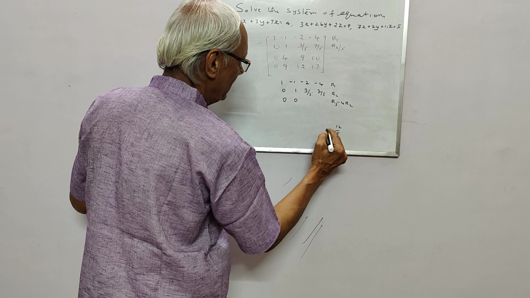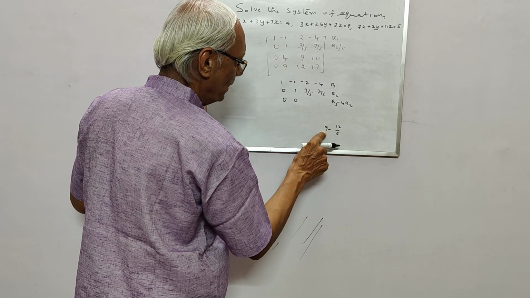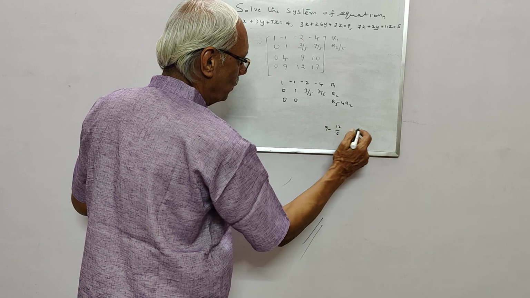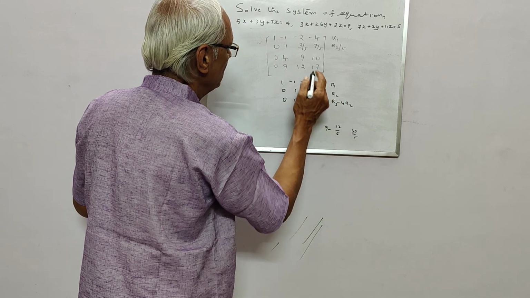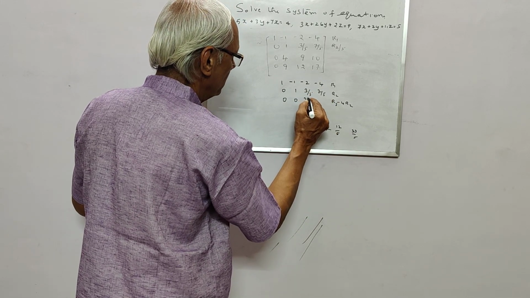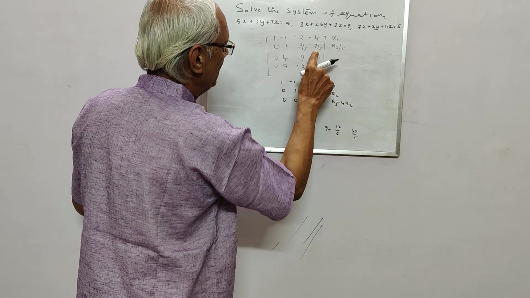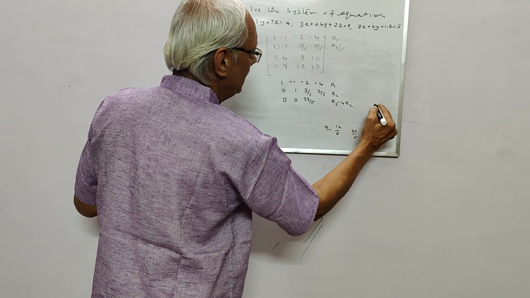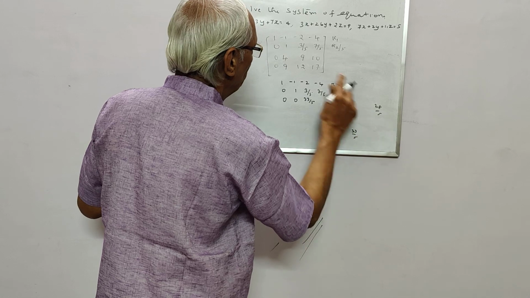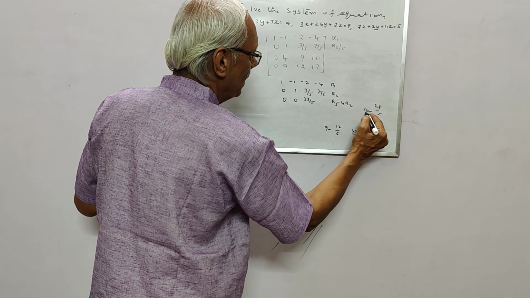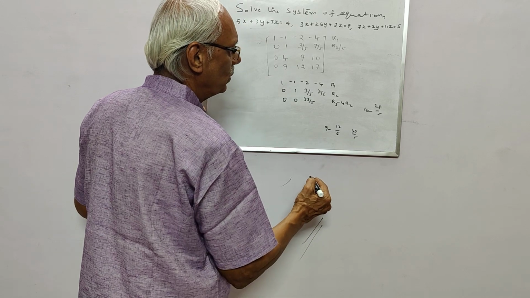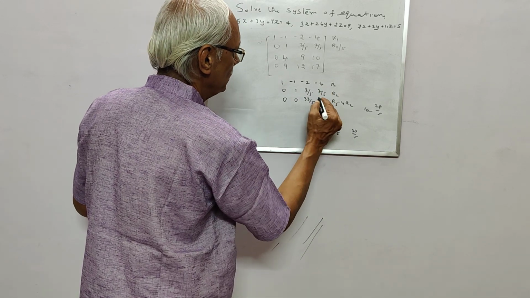Take away from this 9. So 45 minus 12 will be what? 33 by 5. Then 4 into 7 is 28 by 5. Then 10 minus this will be what? 50 minus 28 will be what? 22. So this is 22 by 5.